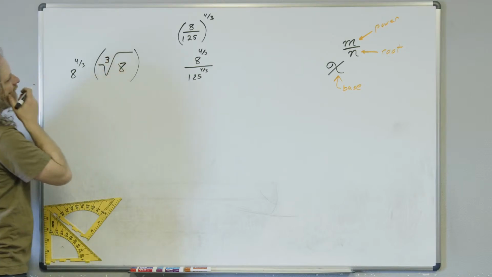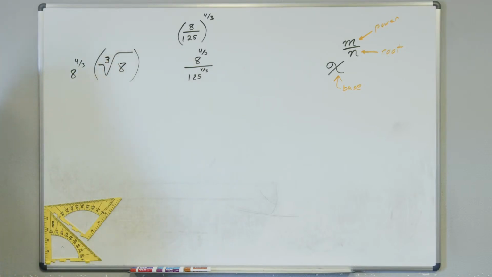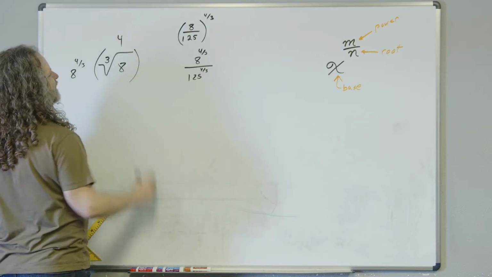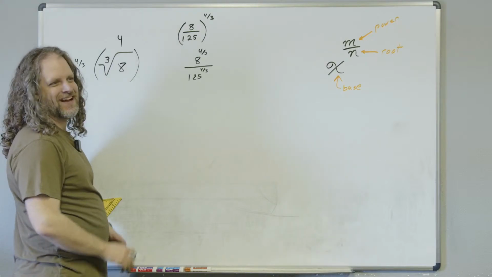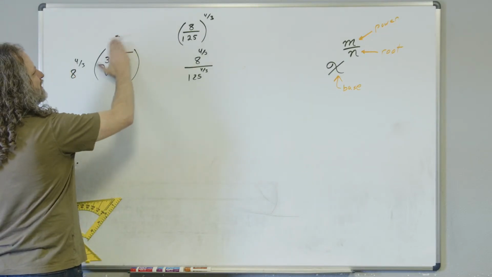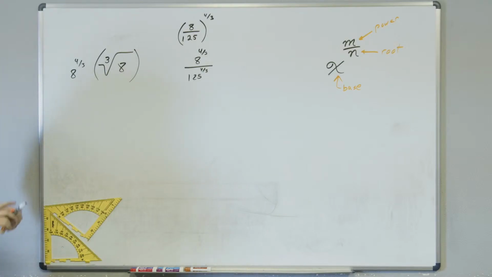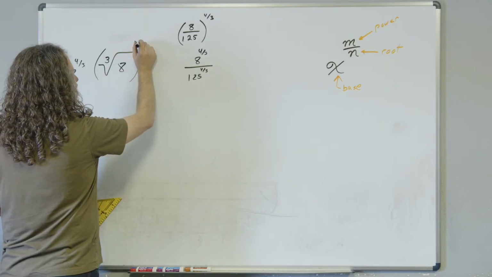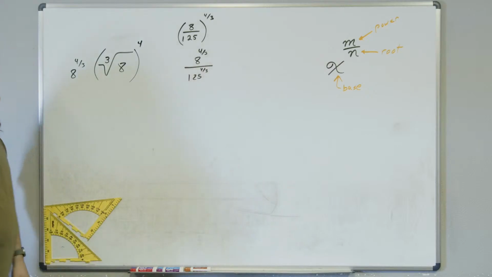Where's the 4 going to go? That's not where it goes. It doesn't even make sense. It goes as the exponent. What's the cube root of 8? 2.